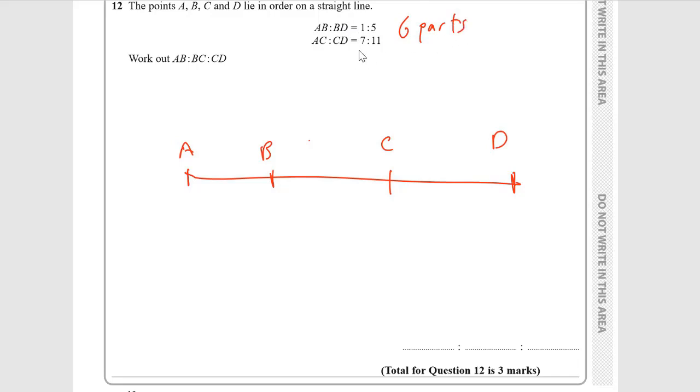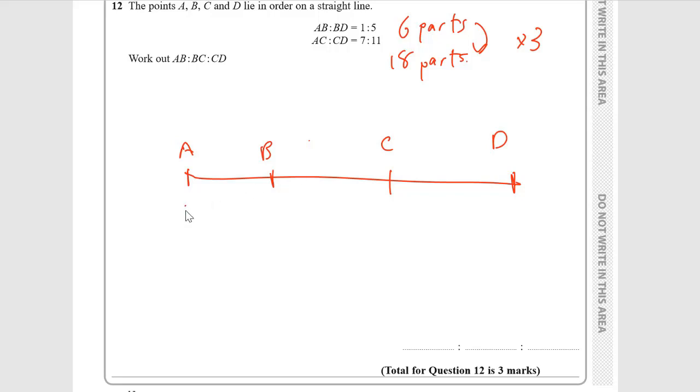And then AC to CD is 7 to 11, so there's 18 parts here. So it means that between these two, we multiply by 3.